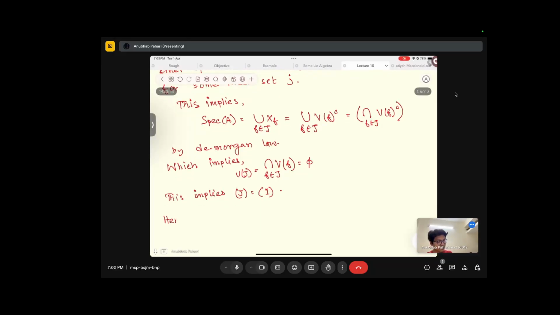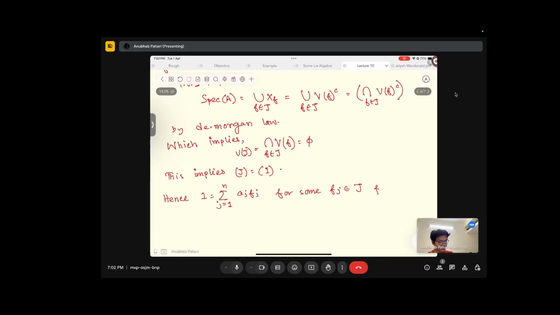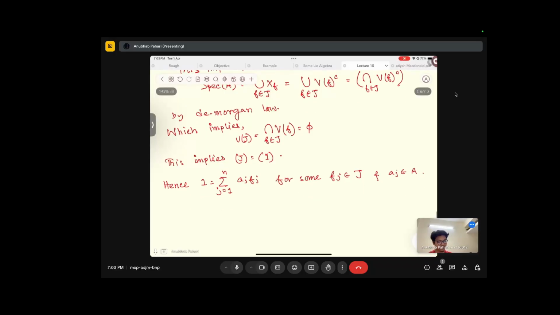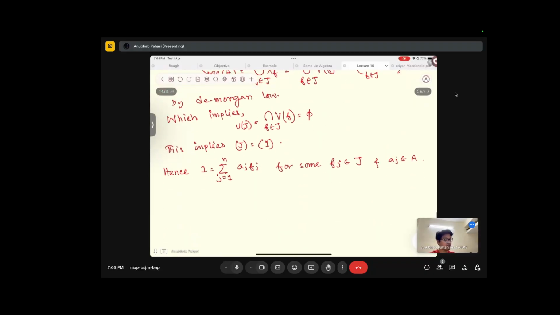Hence 1 should be the sum from j equals 1 to n of aj fj for some fj and aj in A. So these fj are coming from this set, right?